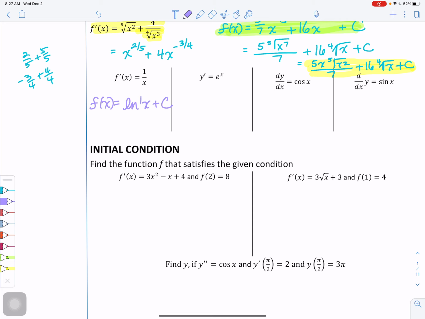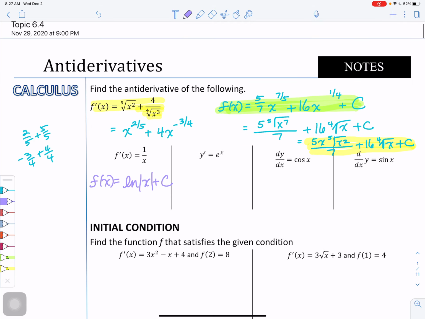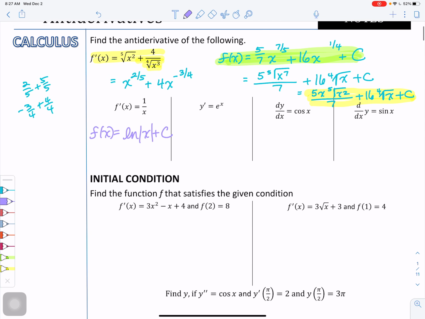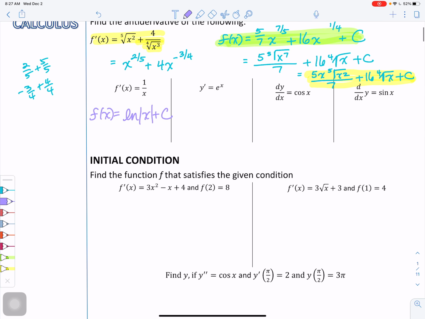I'm going to tell you right now, we have to put absolute values on x. We can never take the log of 0 or a negative number, so we have to make sure we put absolute values on that x, unless it's given in the beginning that x is always positive, okay?